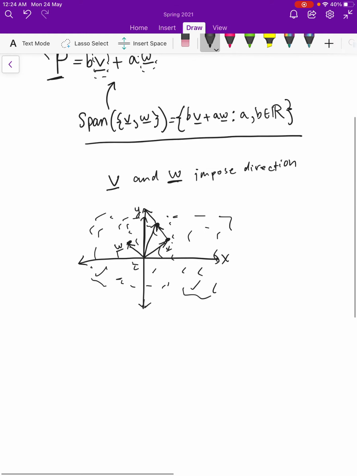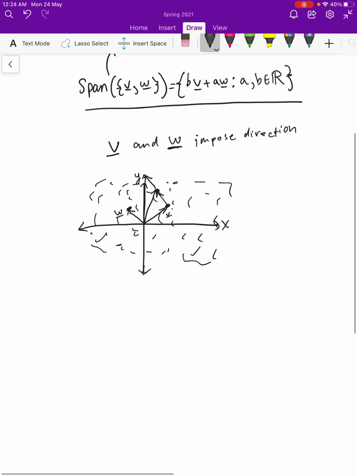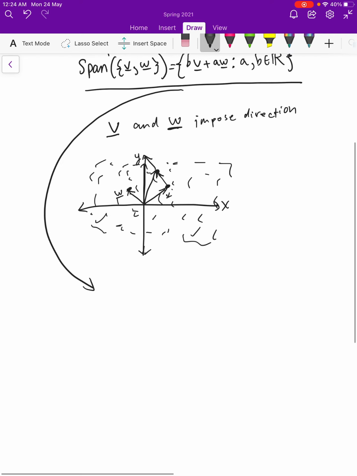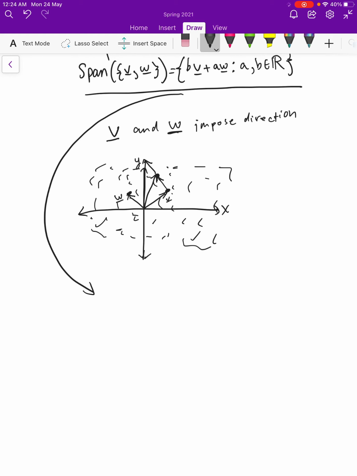Now, of course, there are some exceptions. This is not always going to lead to a plane. Now, you might be wondering, what are those exceptions? Well, some might be obvious, some might not be as obvious.